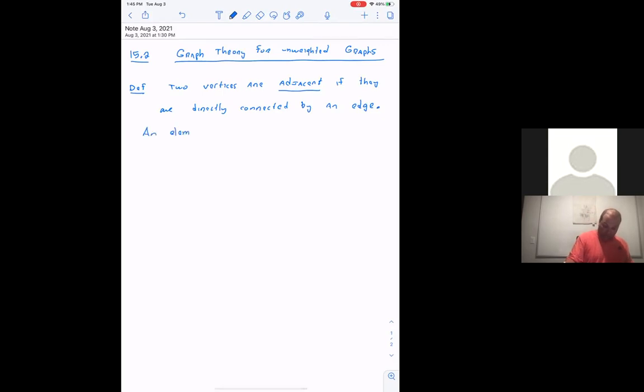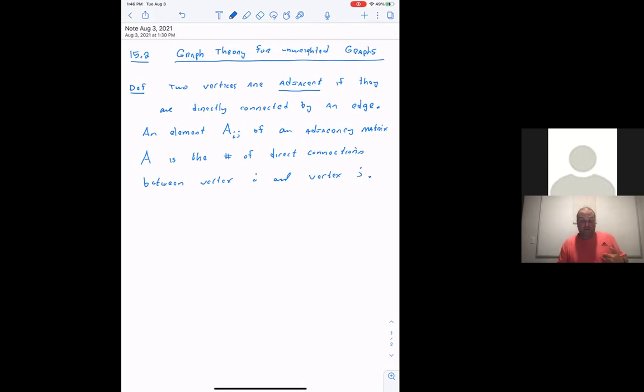Now, an element, capital A sub ij of an adjacency matrix, capital A, is the number of direct connections between vertex I and vertex J. And notice if it's a regular graph, non-directed graph, then we have to have symmetry across the main diagonal, that if this vertex is connected to that vertex, then it goes both ways.